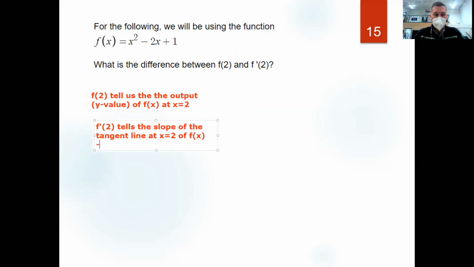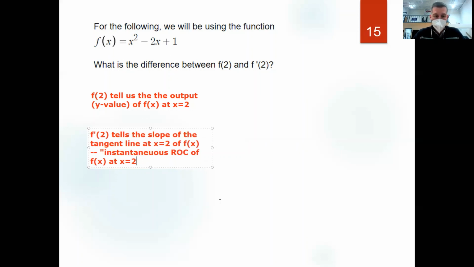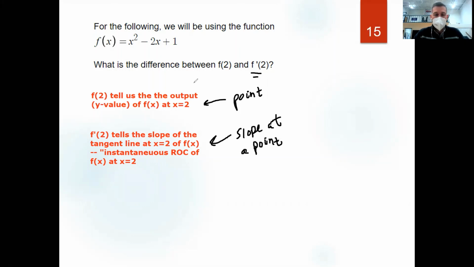In addition, I could have put the instantaneous rate of change of f of x at x equals 2. So there's a difference here. One of them, when we put it in, gives us a point on our graph. Another, if we actually take the derivative, tells us the slope at a point. And that's the difference between these two notations.